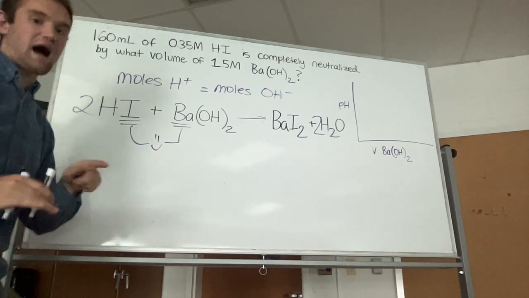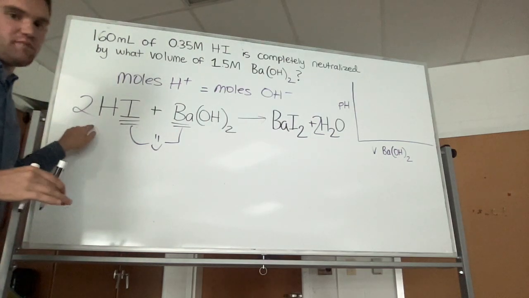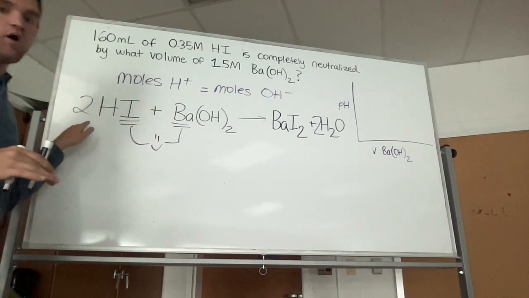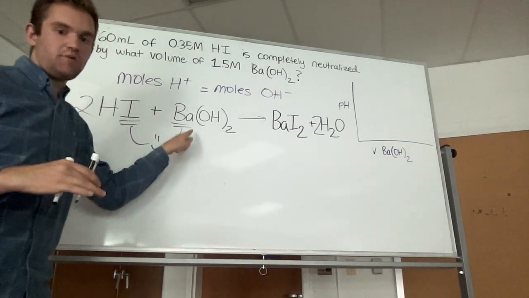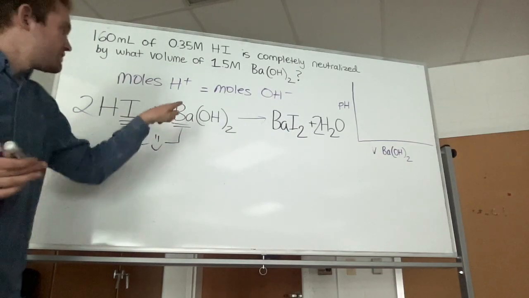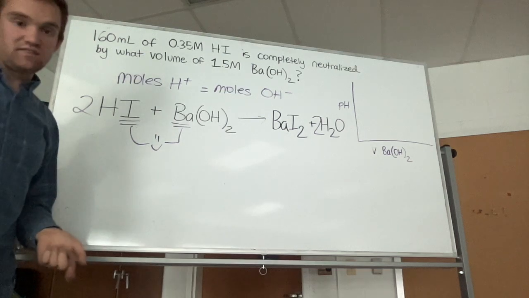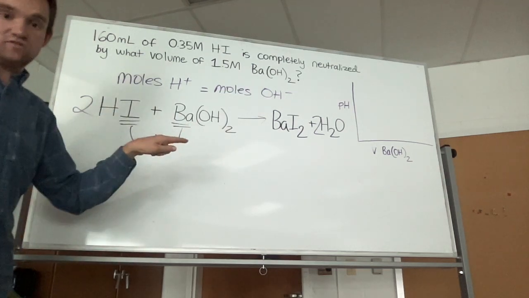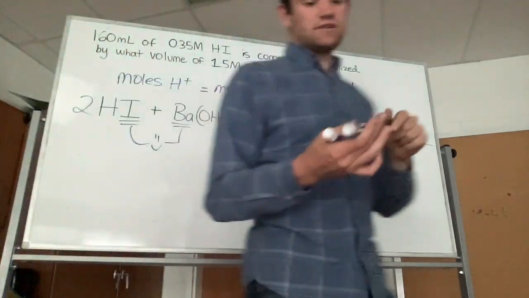I have to either cut the amount of acid in half to make this 1 to 1, or I have to double the base. You can do either way. It's going to work the same. Doubling the base, I think, is easier, because if you double the moles of base, now you're 2 to 2, which is also 1 to 1. So let's do it.